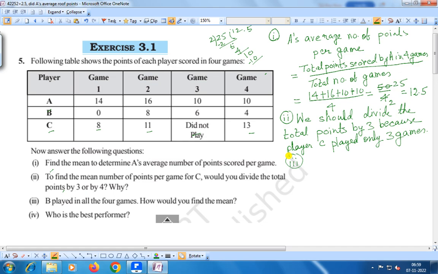You have to find the mean of player B. Therefore, the mean of player B is equal to the sum of scores by B divided by the number of games played by B.